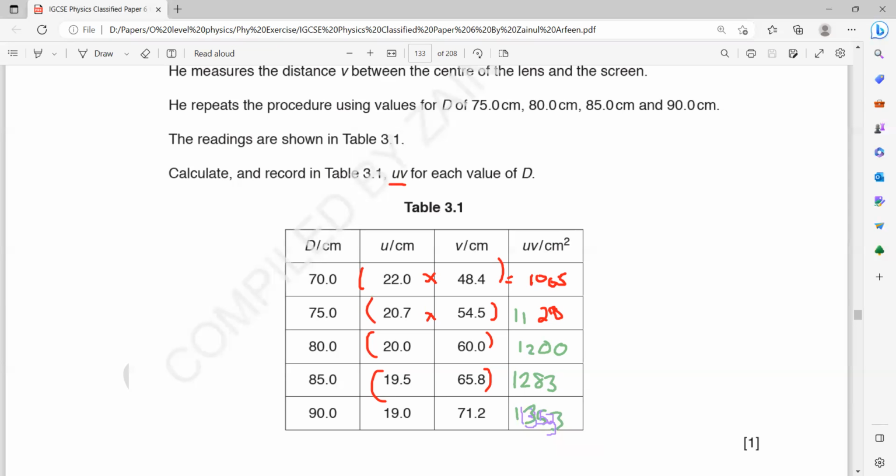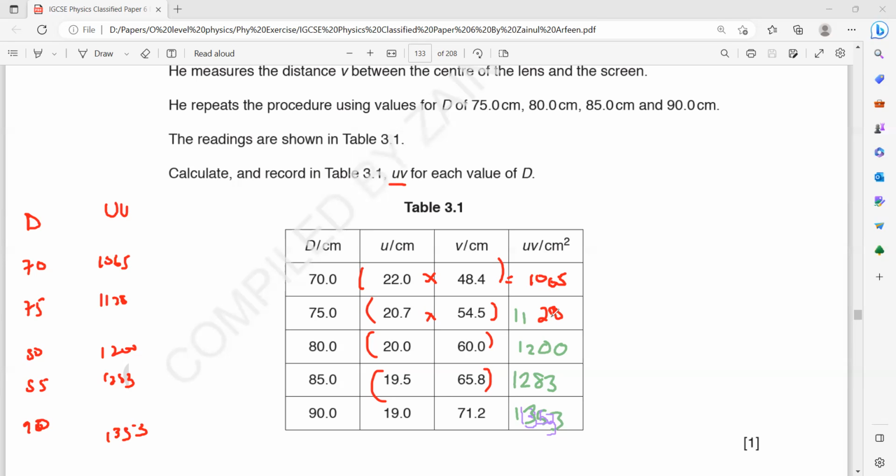So these are the values of u into v for each value of D, because on the next page we have to plot a graph. The values of D are 70, 75, 80, 85, and 90, and the u into v values are 1065, 1128, 1200, 1283, and 1353.